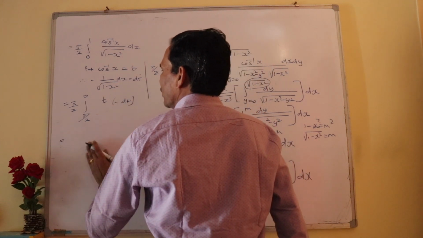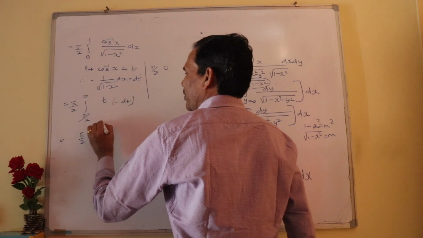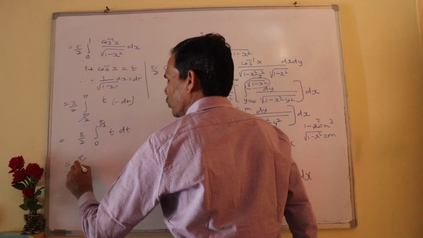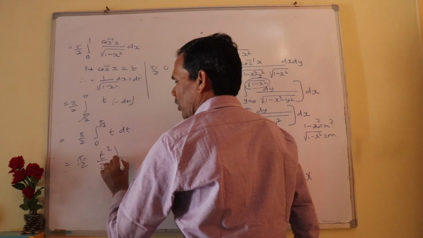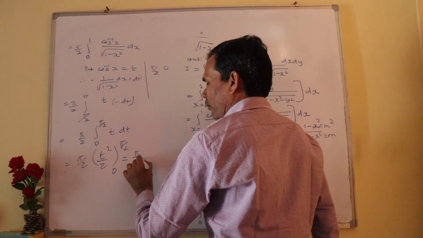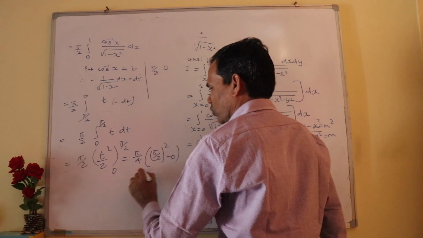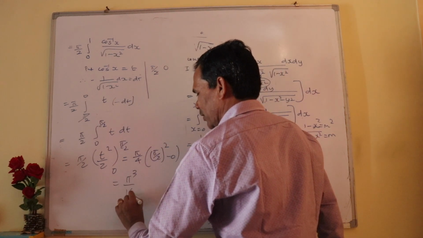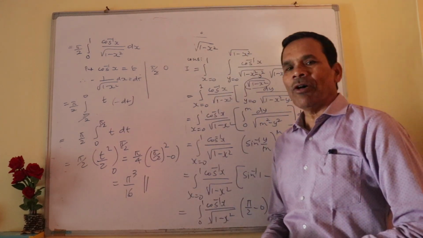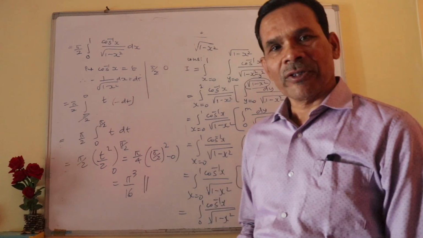So you are getting minus pi by 2, or plus pi by 2 if I change the limits here, and this one t dt. So I integrate this: pi by 2 times t square divided by 2, limits applied 0 to pi by 2. So this is equal to pi by 4 times pi by 2 whole square minus 0. So you are getting pi cube divided by 16 as the value of the integration. So this is the way you can change the order of integration and evaluate certain integrals. That's all.